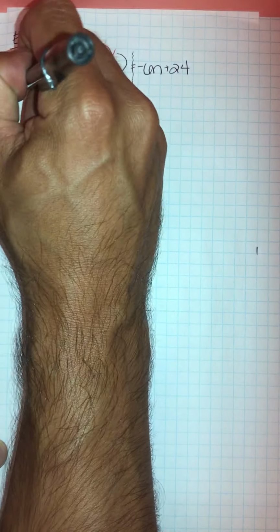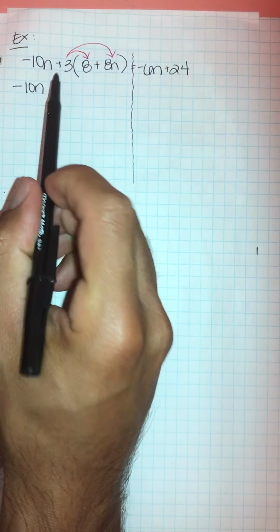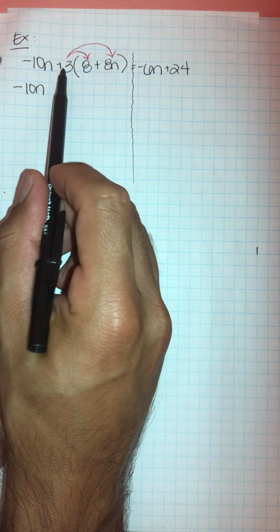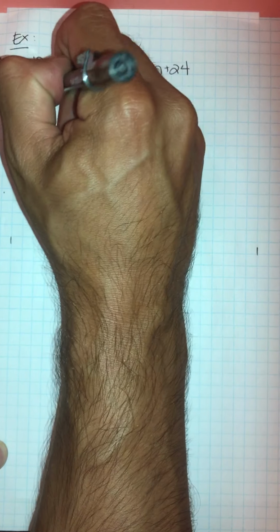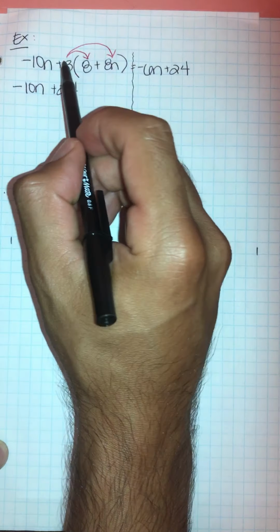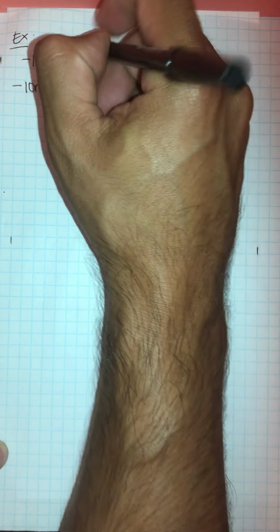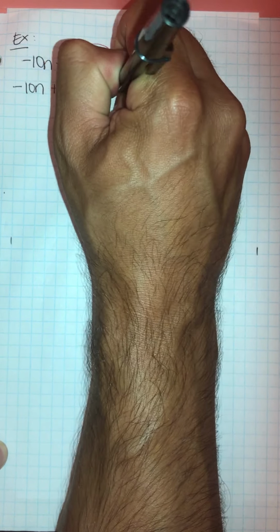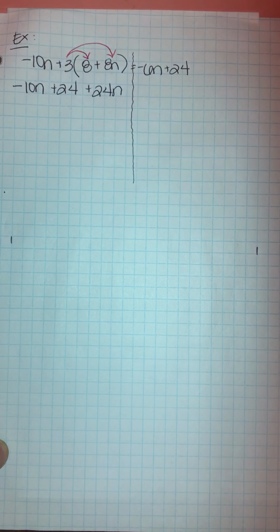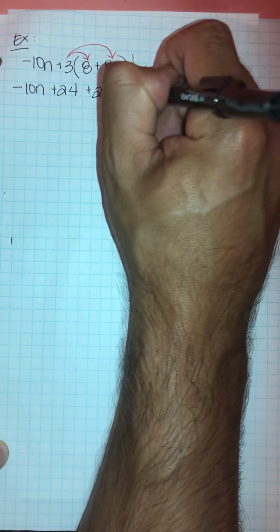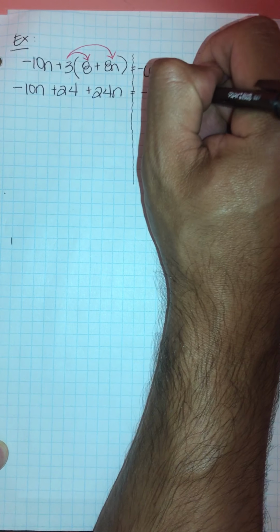We get the negative 10n from before, bring that down. 3 times 8 is 24. 3 times 8n is positive 24n. We haven't done anything with the right-hand side, so let's leave it as negative 6n plus 24.